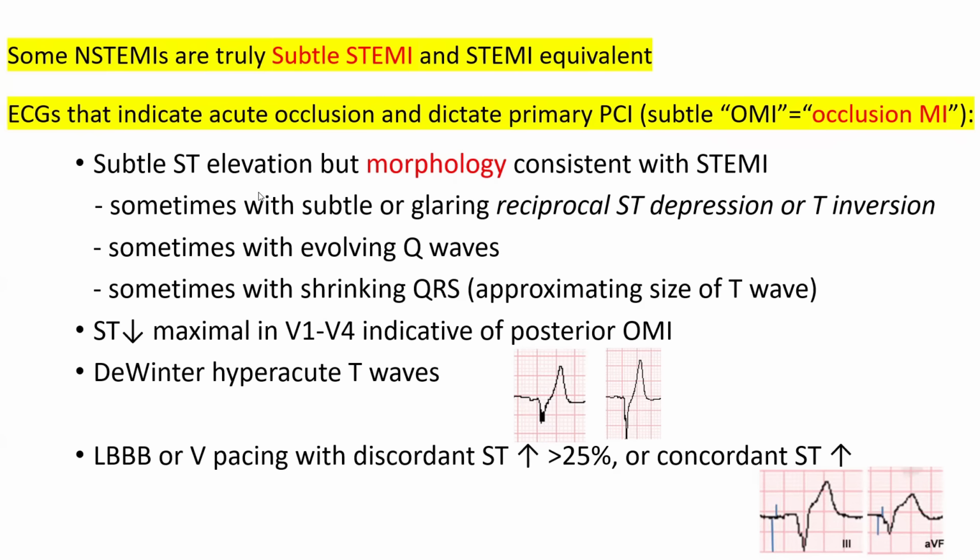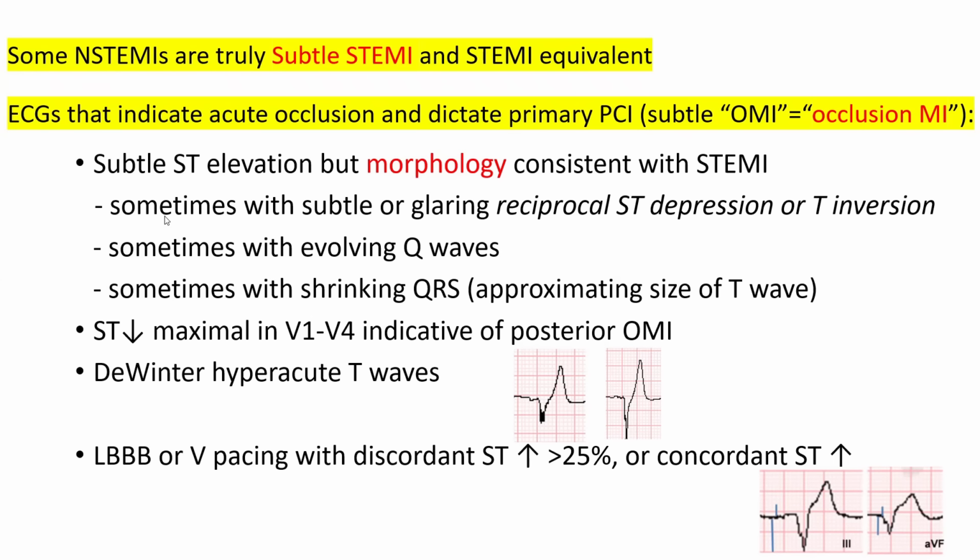Non-STEMI is treated via cath, but it's not emergent. It's at 24 hours, even 24 to 72 hours. But STEMI is emergent. So you need to know those features that will gear you toward STEMI, what we call subtle STEMI, or what one group in Minnesota calls occlusion MI, OMI.